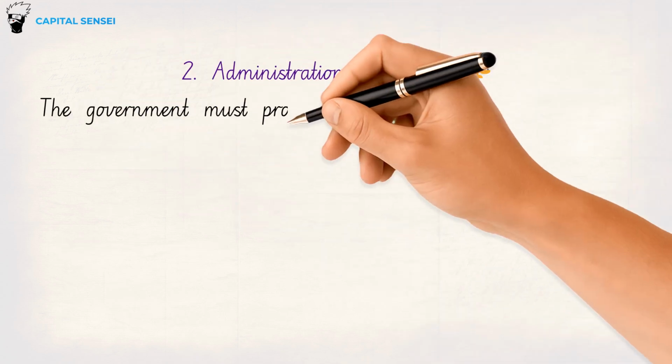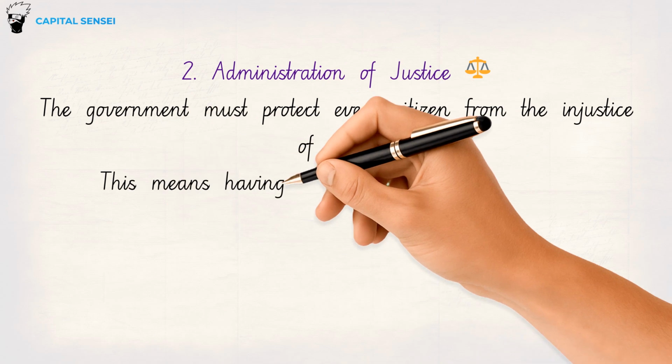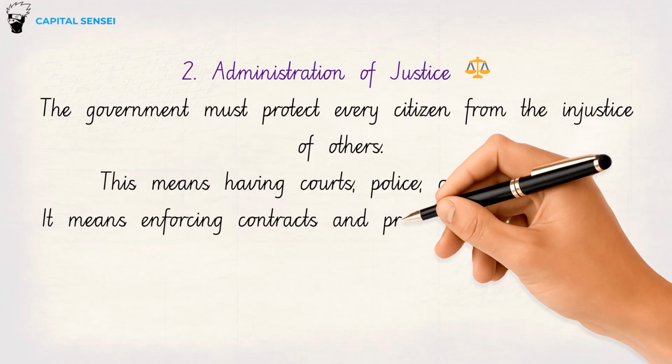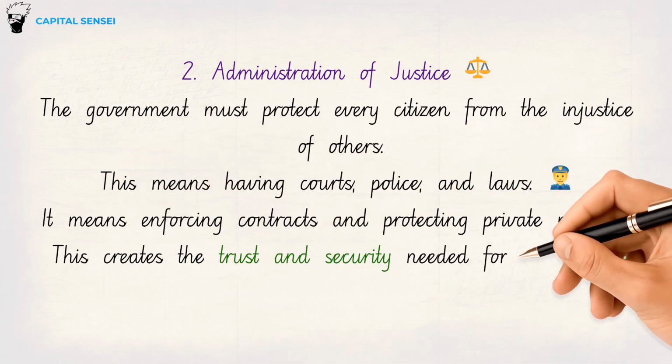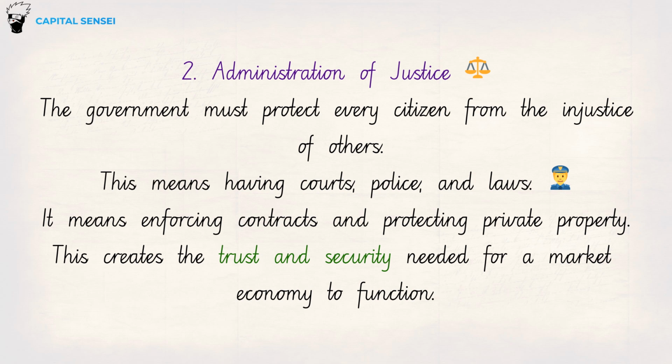The second duty is the administration of justice. The government must protect every member of society from the injustice or oppression of every other member. This means establishing a reliable system of courts, police, and laws. It means enforcing contracts, protecting private property, and punishing criminals.